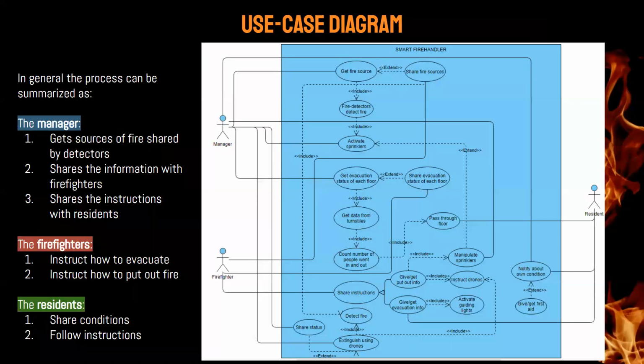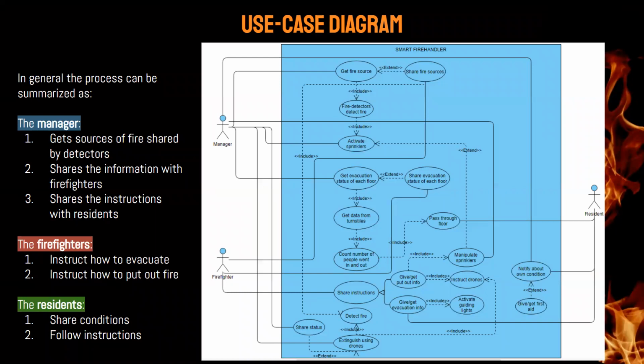Now let's talk about the use case diagram. As you can see, we have 3 actors in our use case diagram: the manager, the firefighter, and the resident. It's assumed that by manager or firefighter, we can generalize various types of managers or firefighters of their type, because obviously in large buildings and during big fires, the number of people involved is also large.